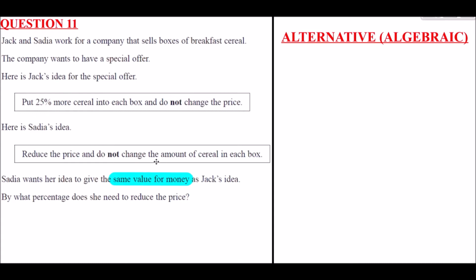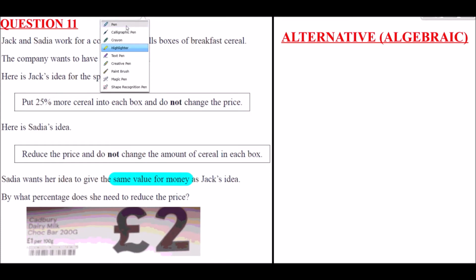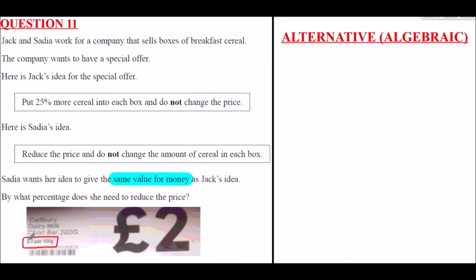Well, I've got this image from a supermarket, and we can see here that it's saying about this chocolate the value for money, which most supermarkets will do. It says here £1 per 100 grams. So they are doing the value for money as the cost divided by the amount. So that's the measure of value for money we can use here.